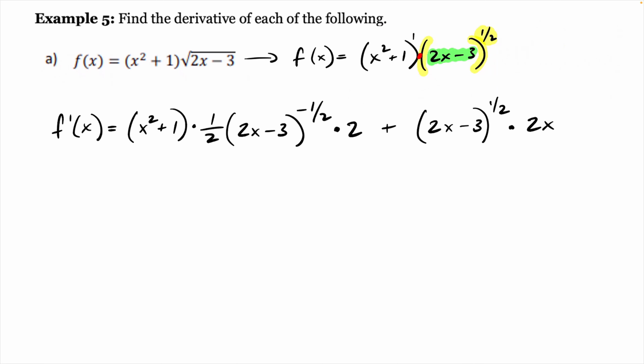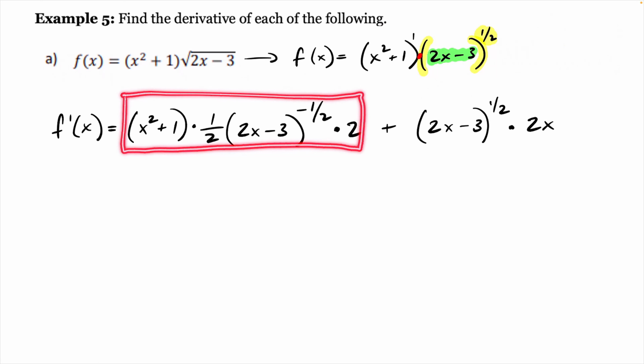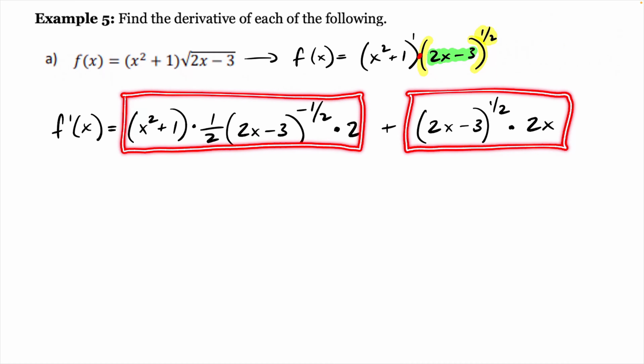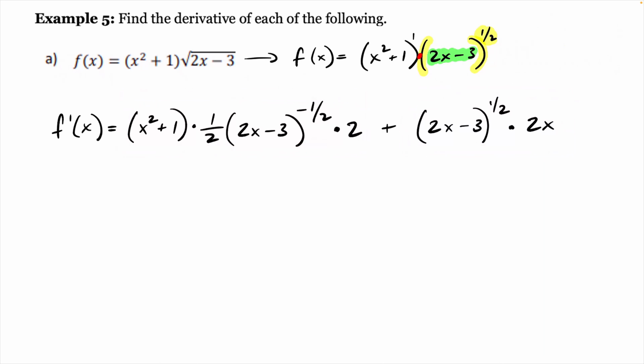Okay? Now, how far do you need to go? Well, first of all, you don't want any negative exponents. You want to multiply everything that you can multiply, and then you're done. So we have 2 terms here. I have this guy, and I have this guy, and they're joined by addition. So I just need to simplify each of them as much as I can. Okay? So, let's see. I'm going to multiply the coefficients.